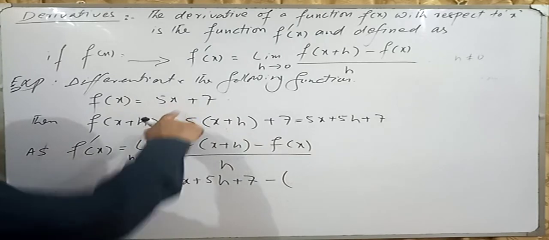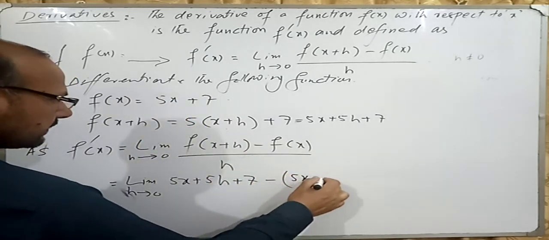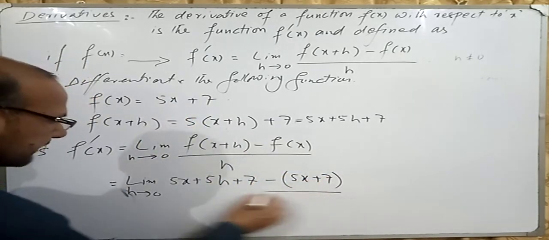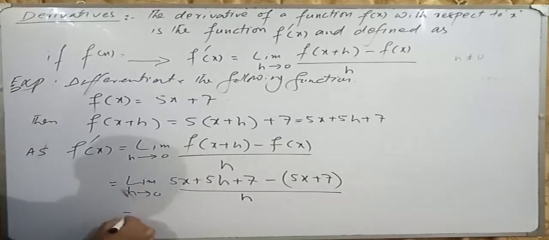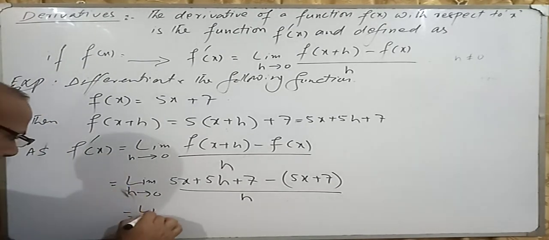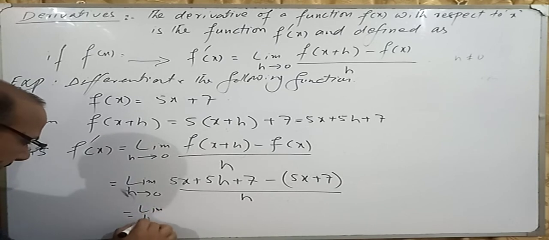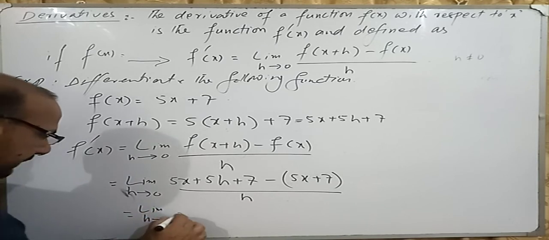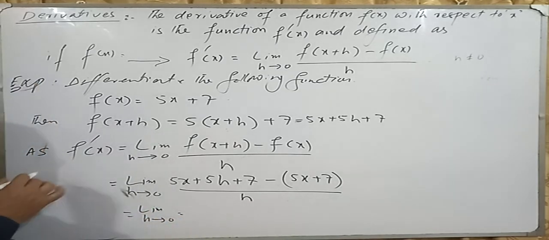F of x equal to what? 5x plus 7, and divided by h. Now what you have to do: first do the simplification, then at the end you will apply the limit, because we need to avoid the 0 over 0 form and the infinity over infinity form.